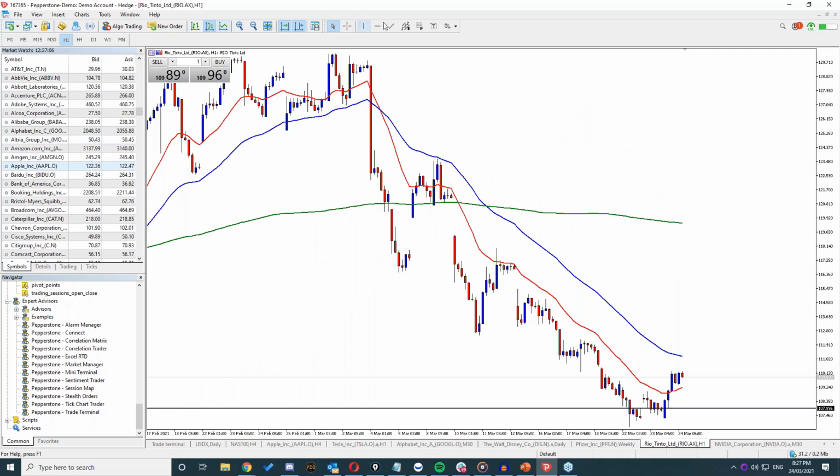But the next step, and I'll use Rio for this, is how do we recognize that a market is potentially out of a downtrend? One of my favorite ways is to recognize the slope that the downtrend is occurring on. What has happened here with Rio is it has found a lower peak, a lower peak, a lower peak, a lower peak, and continued to sell off. Then it's consolidated somewhat down here and broken above that.